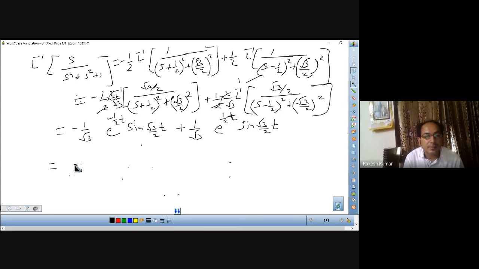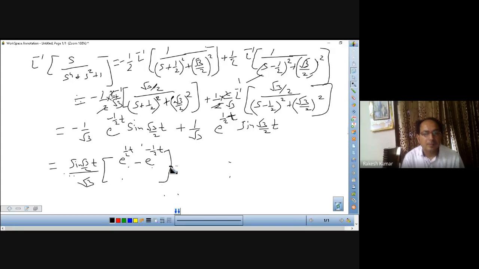We have sine root 3 by 2 t common, and divide by root 3, this one, and in the numerator we have e raised to power 1 by 2 t, and there is a minus sign, e raised to power minus 1 by 2 t after taking common. For what purpose we are doing so? For making adjustment of the terms.